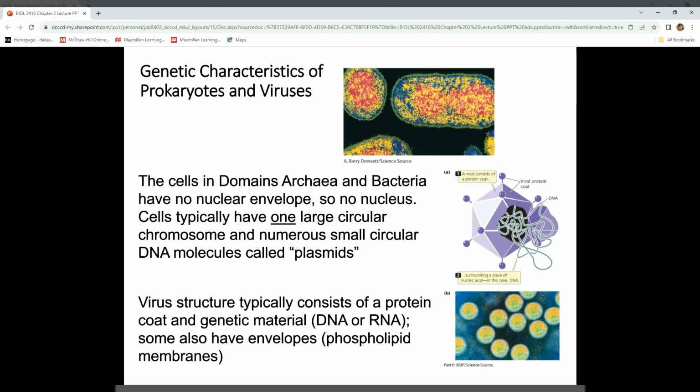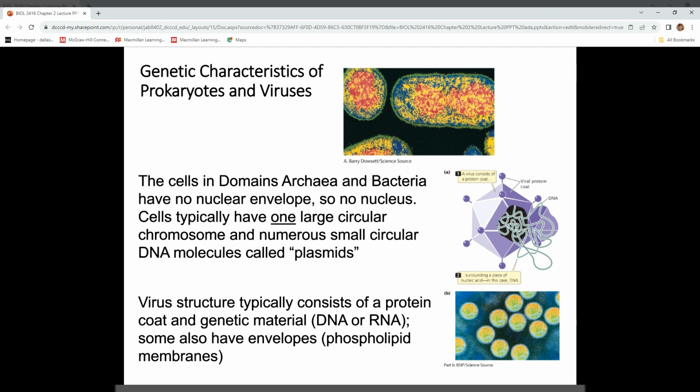So the genetic material in viruses varies and typically has a relationship to the type of host cell that the virus infects. There is also always a protein coat that surrounds the DNA or RNA, and that protein coat is important for the entry of the genetic material into the host cell.